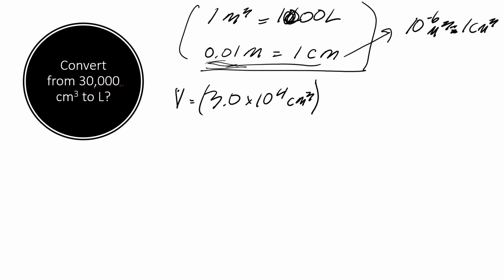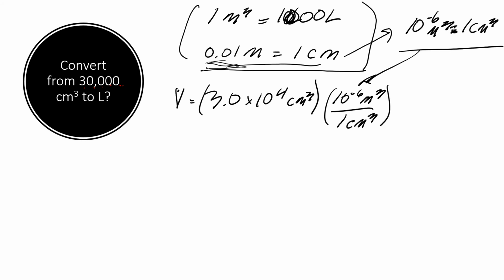Okay, now we have a conversion factor that we can use. So we're going to use that conversion factor here. I'm going to write 10 to the negative 6 meters cubed per centimeter cubed. And then I'm going to apply this other conversion factor. It's very messy here, but 1,000 liters per cubic meter.